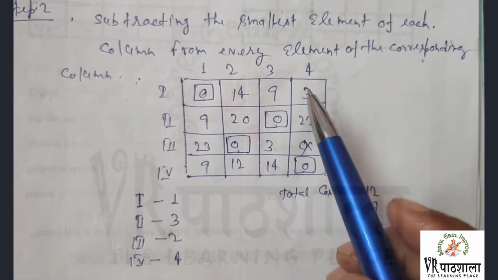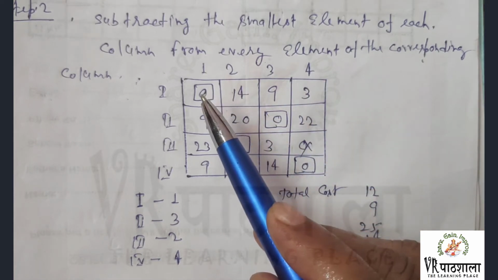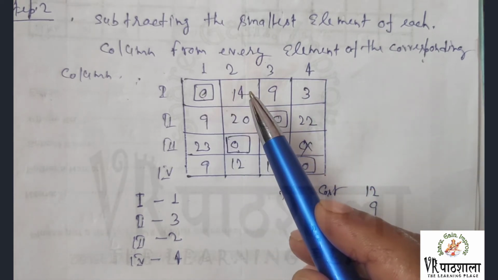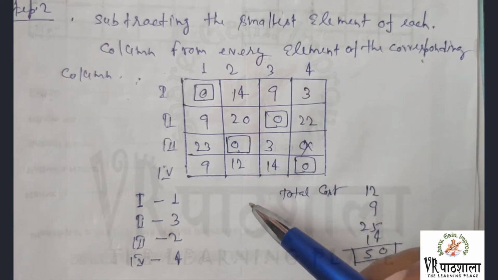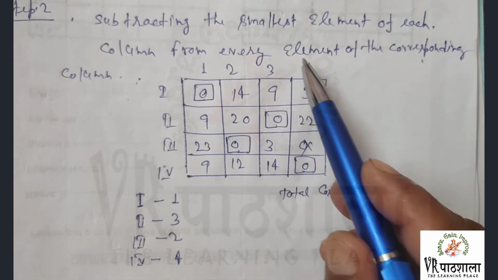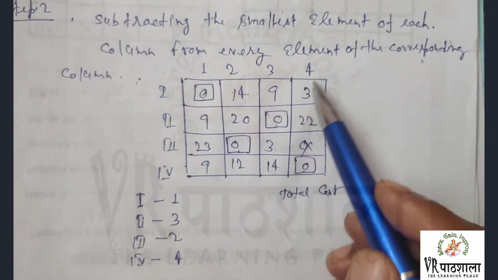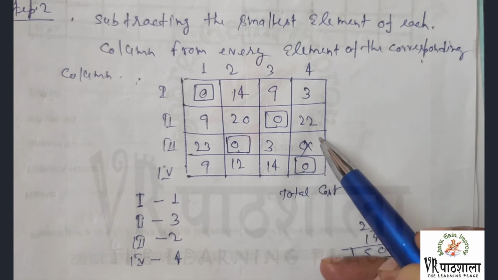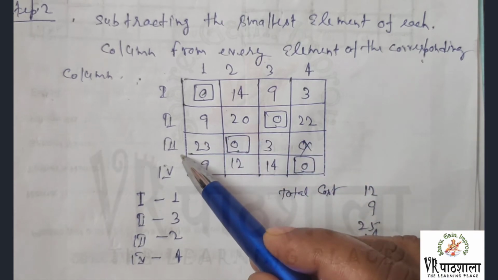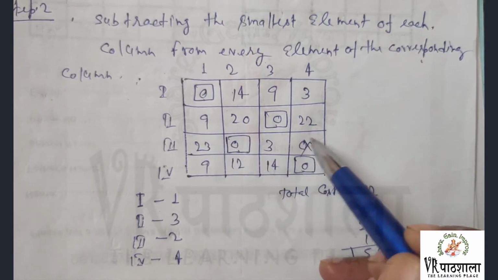Now first we choose those rows which have a single 0. In this table, every row has a single 0 except the third row. The third row has 2 zeros.